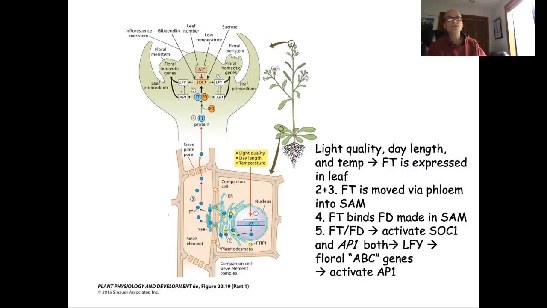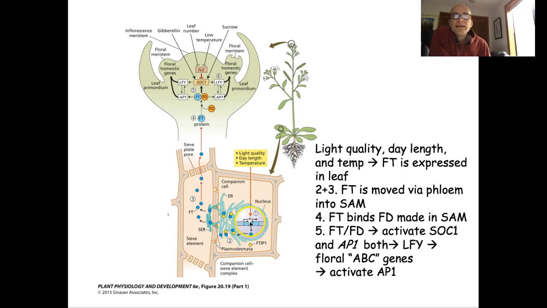Okay, we're back to Arabidopsis here, and what happens when FT is activated. What you have is light quality, day length, and temperature. We talked about how that eventually leads to the induction of FT. So you have that expressed, and that is happening in the leaves, down here in the leaf. It's not in the flowers.